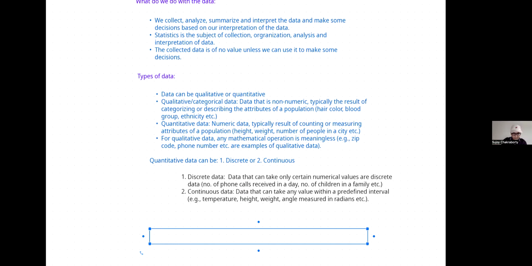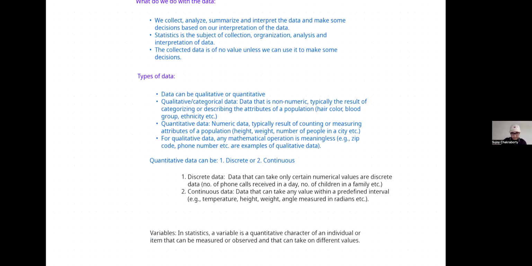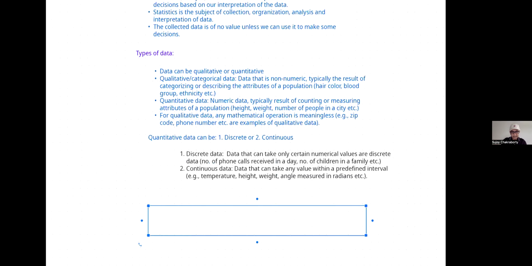Now, the other term that we want to use is attribute. Attributes are basically the qualitative or categorical data.